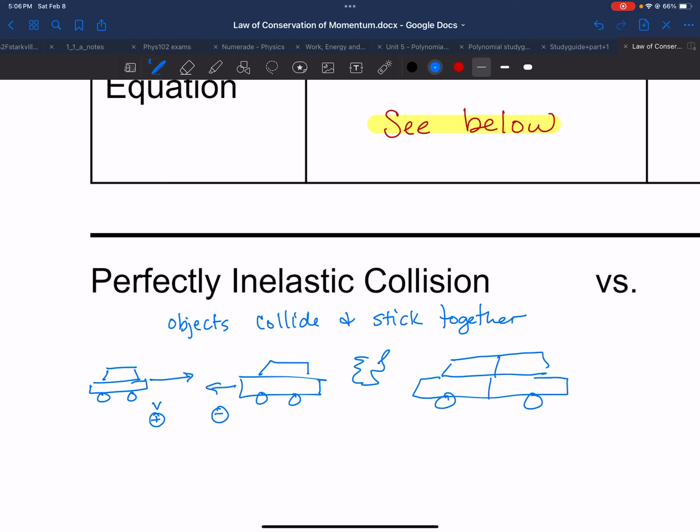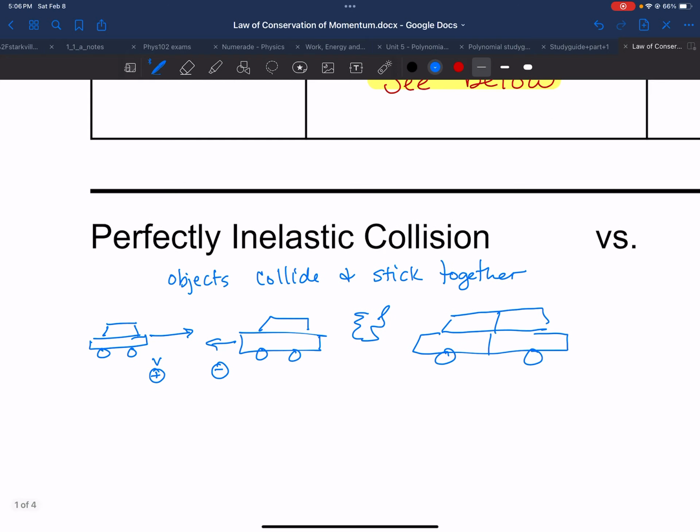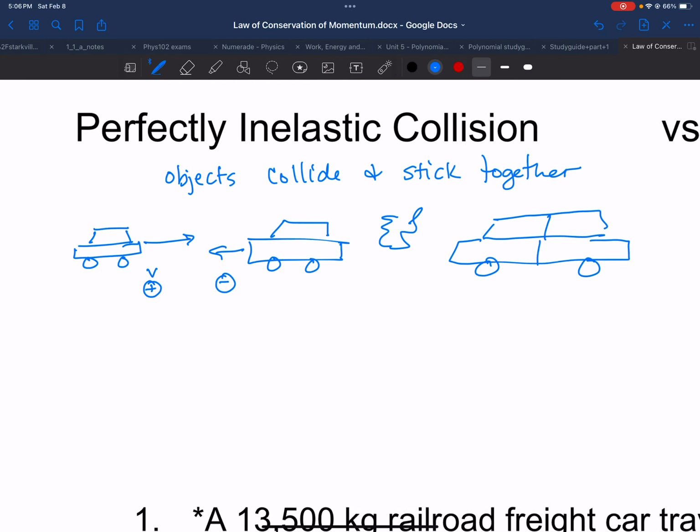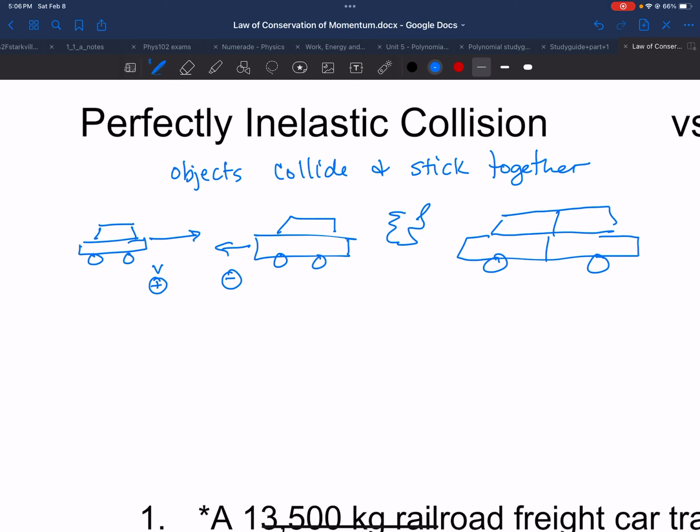So that's possible. Well, what does the equation look like? The equation's actually kind of more simple than what we had above. So we have mass of A, v_1A, just like previously, plus mass of B, v_1B, equals. Now, in this case, because they collide and stick together, their bumpers are mangled and they're connected, or it's 2 trains and they've coupled and so now they're moving together.